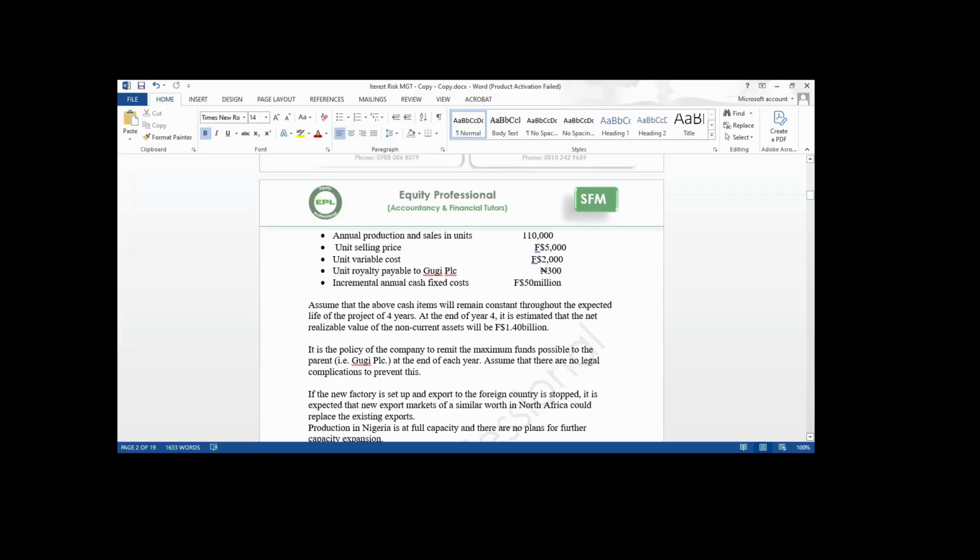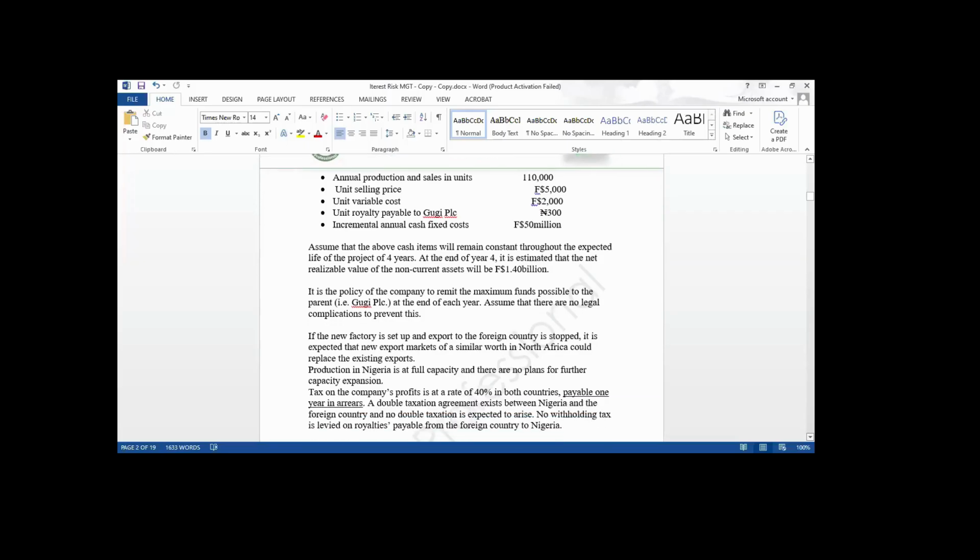So our company based in Nigeria wants to invest in a project in a foreign country for 4 years. At the end of year 4, it is estimated that the net realizable value of the non-current assets will be $1.4 billion.